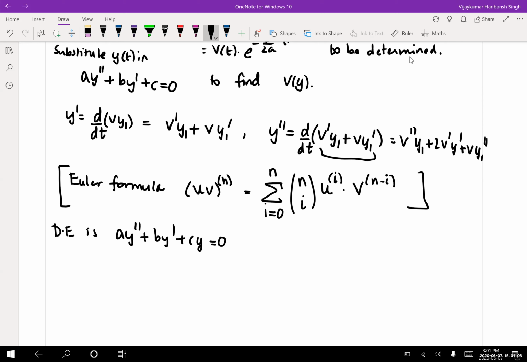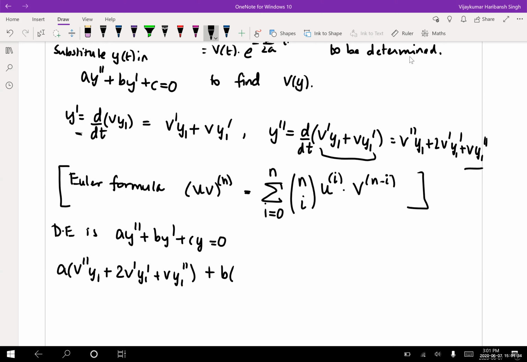And let's substitute now our y double prime, which we got here, and y prime, which we got from here, into this equation. So we get a times v double prime y1 plus 2 v prime y1 prime plus v y1 double prime, plus b times, what is y prime?